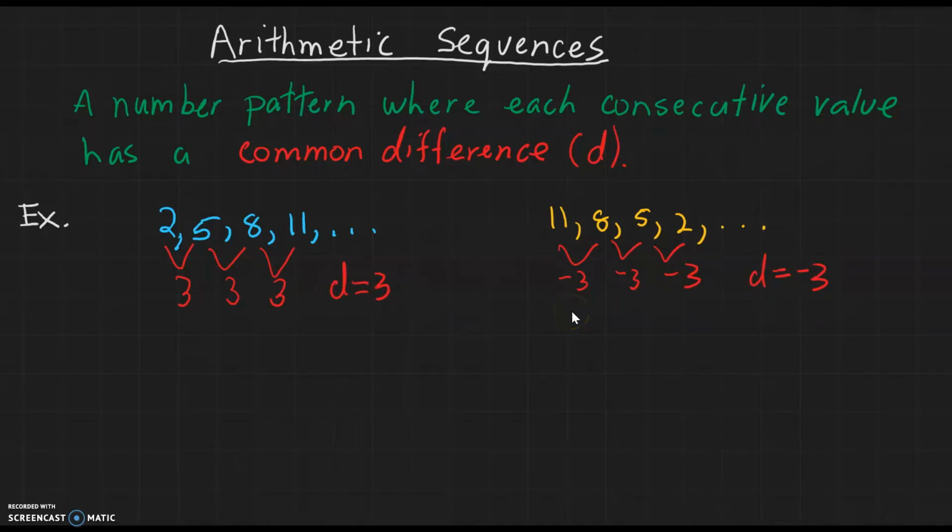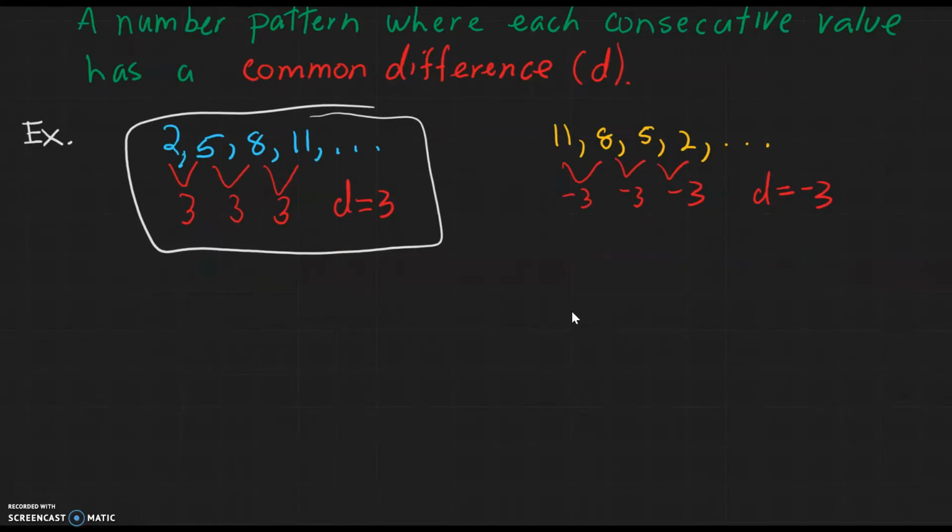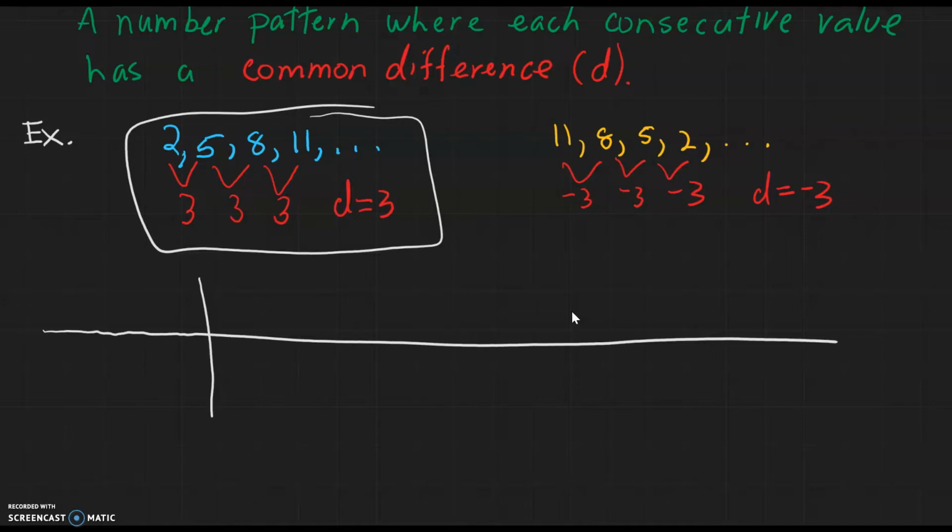To continue, we're going to look at this example here, and we could actually make a table of values. Normally it'd be x and y, but we're going to call the top row the term number, and that's going to be n, the letter n.